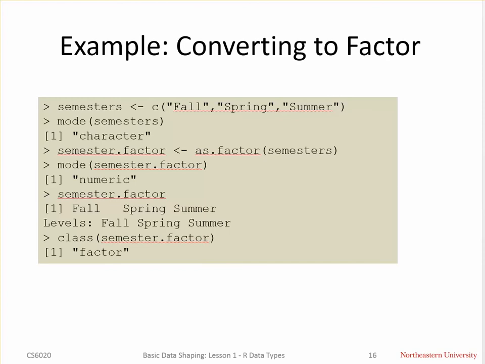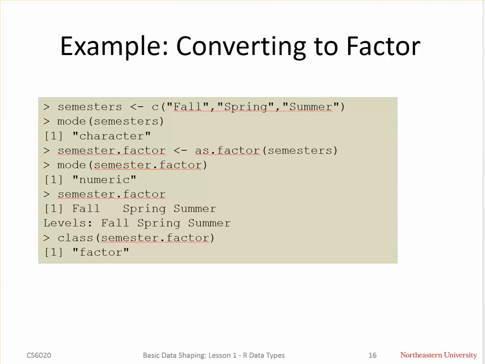Here's an example of that. Suppose I have the vector semesters made up of fall, spring, and summer. If I inspect the mode of semesters, I get back character, which is what we expect. But then I can create a new variable called semester.factor, to which I assign the result of as.factor of semesters.